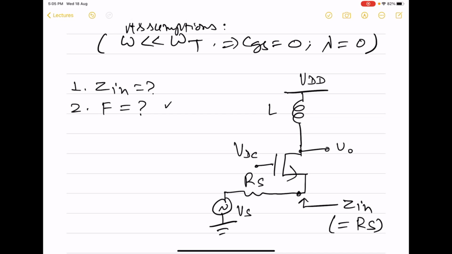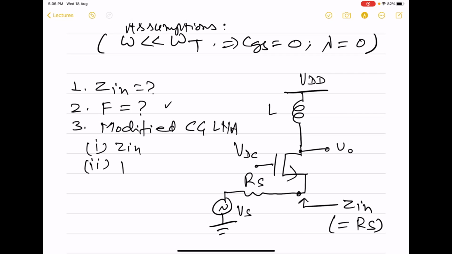So this circuit will be modified so that we can decouple the input impedance and the noise factor. So we will see a modified common gate LNA, and for that case again we will find out Zin and noise factor.